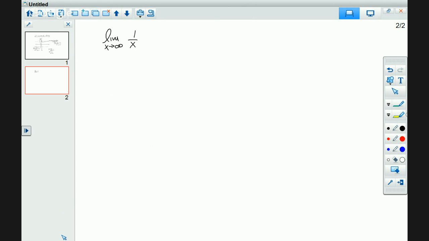Okay, you know the graph, right? The rational function graph. This one looks like this. So as we head to infinity, we get close to 0. It's a graphical solution. Now, the problem is we can't see very far into the future with that, so it might not be correct.